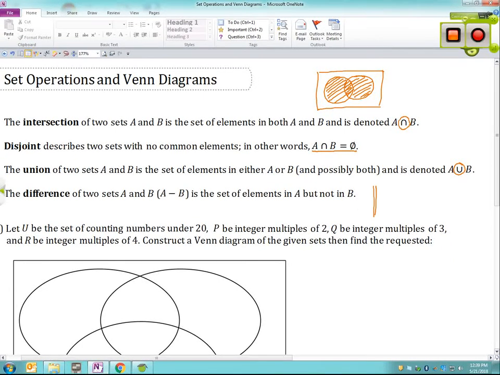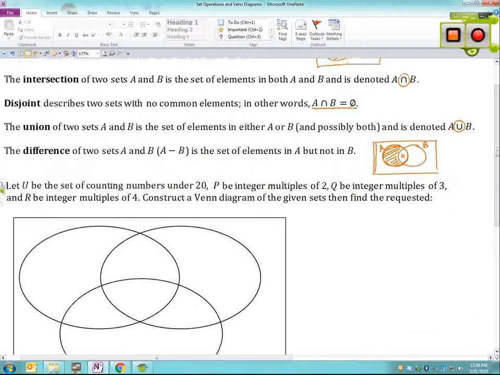Visually, if we have a Venn diagram, another quick sketch here, if the left is A and the right is B, then A minus B is everything that is inside this bubble but not in B, so it would be this region right here. Okay?